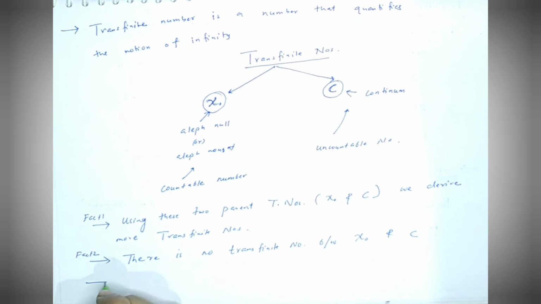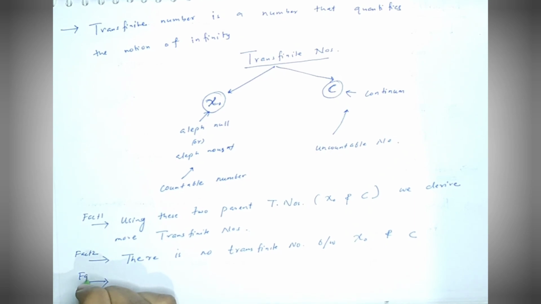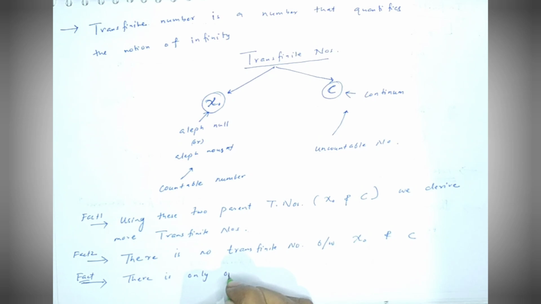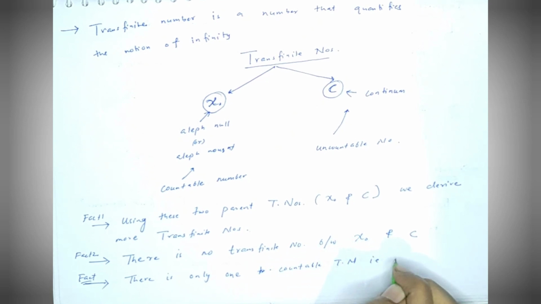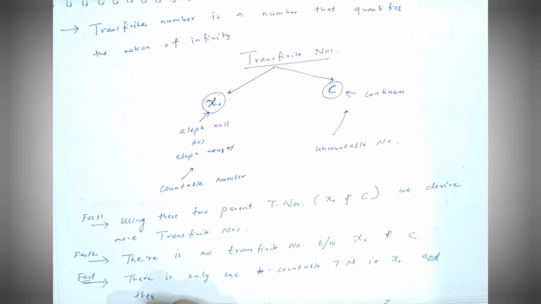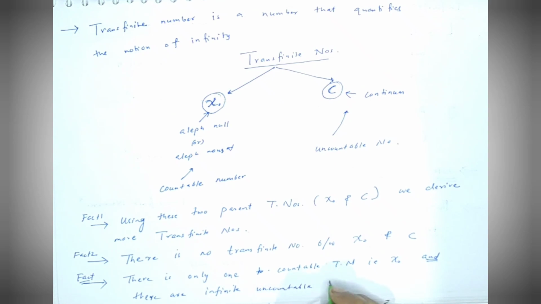Fact 3: there is only one countable transfinite number, that is Aleph null, and there are infinitely many uncountable transfinite numbers.